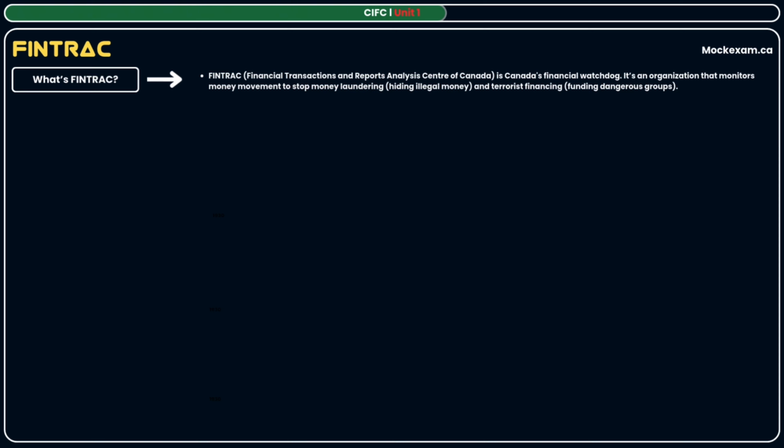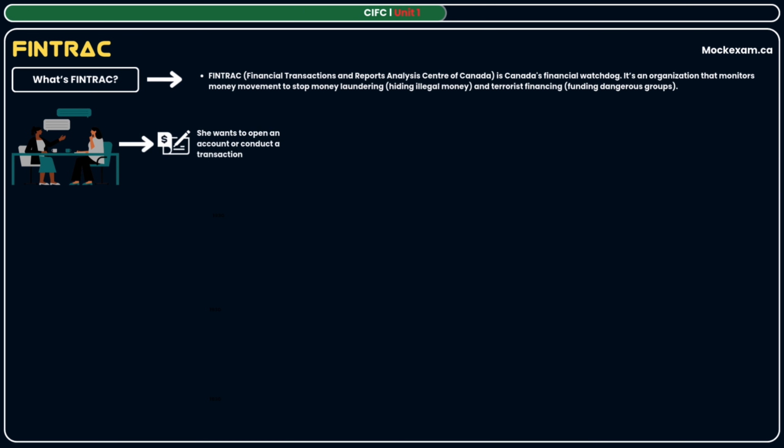Let's say you work at a bank. A client walks in, and after a friendly greeting, you ask how you can help her. She says she wants to open an account or conduct a transaction. Now, you, as a registered mutual fund sales rep, must follow anti-money laundering and terrorist financing AMLTF regulations to ensure compliance with FINTRAC requirements.